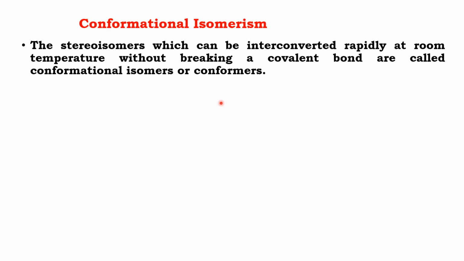As a result, due to the rotation of carbon-carbon single bonds, various spatial arrangements are possible for a saturated organic molecule. Without breaking the carbon-carbon single bond, they are spatially oriented in different directions. And this type of isomerism is called conformational isomerism.